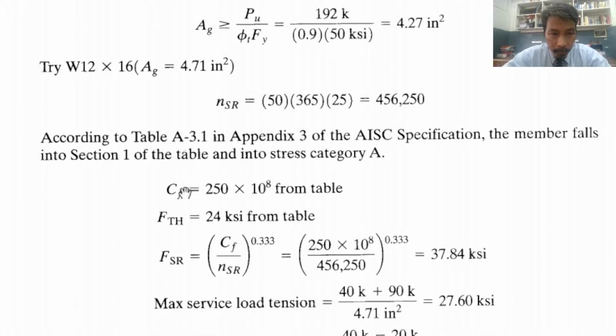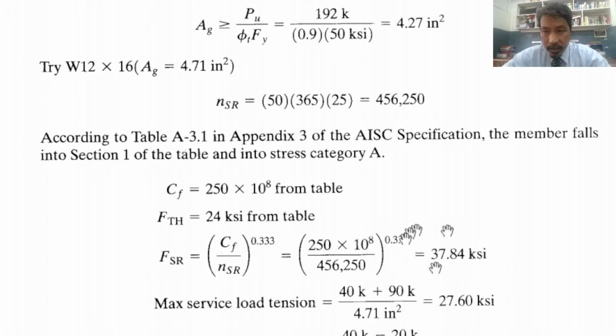So again, we have CF from the table. We can take a look at Table 3.1, Appendix 3. FTH, 24 cases again from the table. Therefore we can solve this one, 250 NSR.